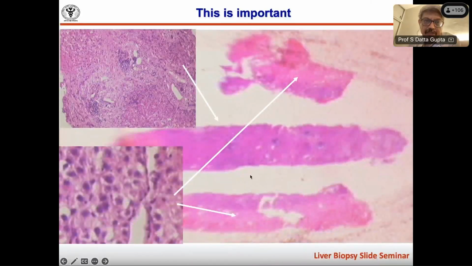And please note, in patchy disease, this is a liver biopsy, 3 cores. In the 3 cores, this area showed fibrosis and cirrhosis. This area and this area showed hepatocellular carcinoma. So if your clinician thinks this is blood and sends 3 pieces to 3 different labs, you are likely to get 3 different diagnoses in such patchy disease.